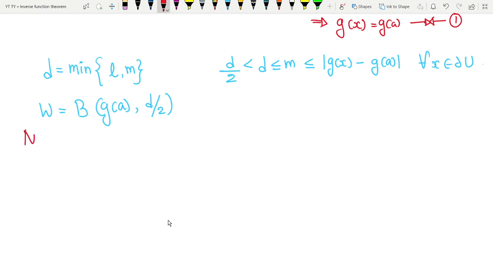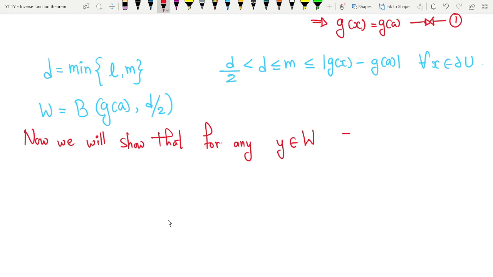Okay, so for now we will show that for any y inside W, there exists a unique x inside U such that that x works as a pre-image for this y. Okay, so I need to prove this.